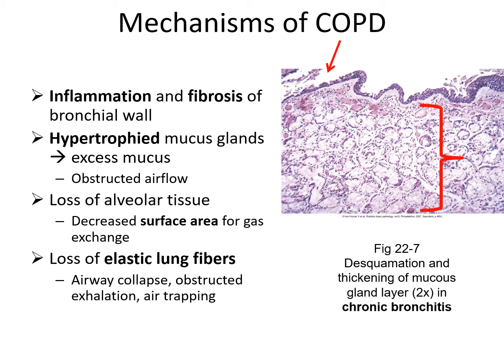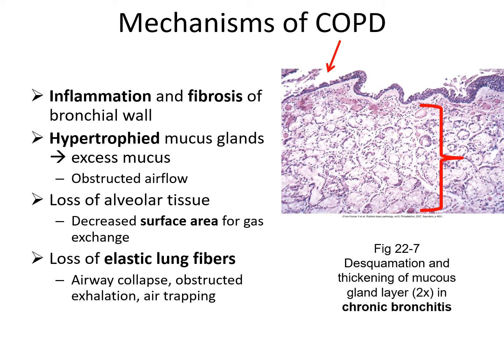So we'll see things like airway collapse as we're trying to inhale, and we can't get air in very easily because the negative pressure in there allows that collapse to occur. And then we'll also see obstructed exhalation. We've got to be very careful we don't collapse from that extra pressure that's produced during our exhalation. So we'll have that going on as well as air trapping that's occurring.